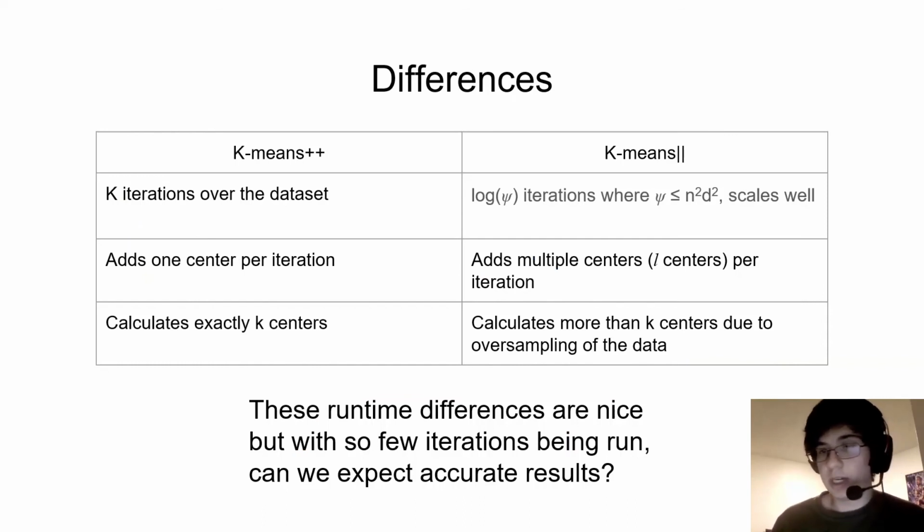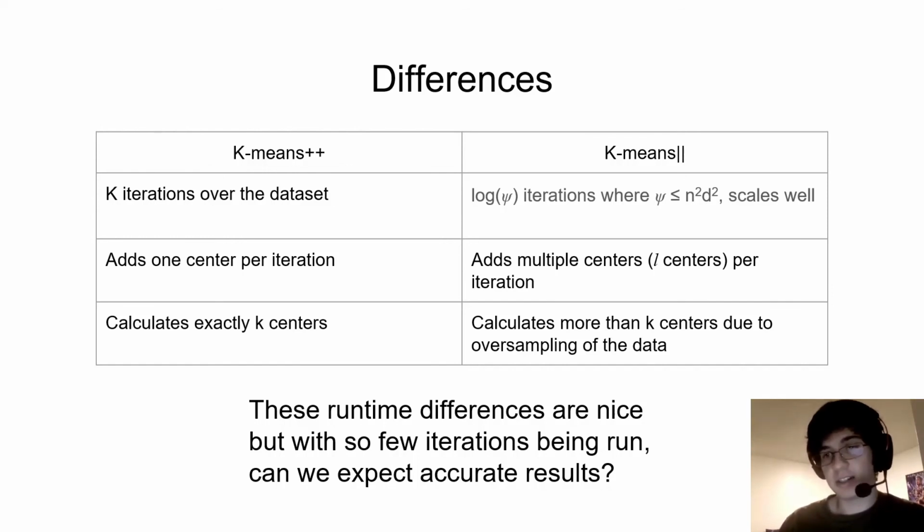So now I want to clearly state the differences between k-means plus plus and k-means parallel. So first difference is that k-means plus plus has to iterate over the data set k times, which takes a very long time, and k-means parallel only has to do log psi iterations, which I say here is less than or equal to n squared d squared, which really doesn't mean that much.